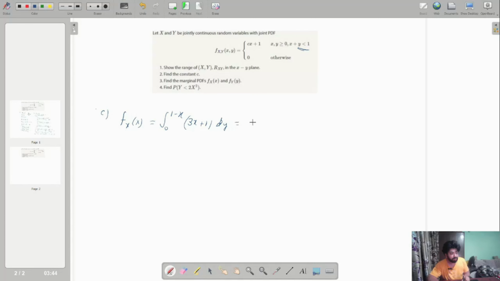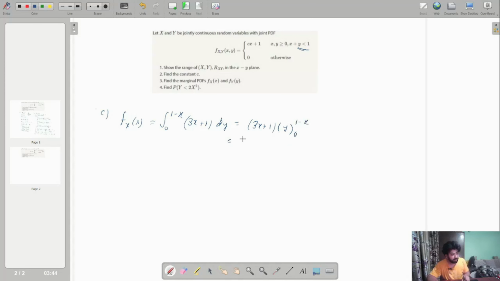Now we'll solve it. So when I solve this, I can write this as 3x plus 1, and here I can write the value of my function, and for this I'll have a range 0 to 1 minus x.